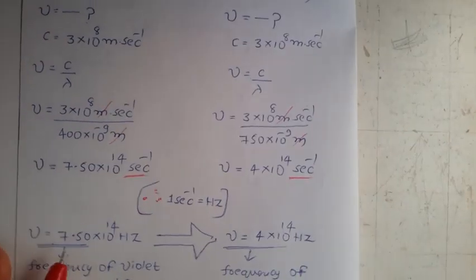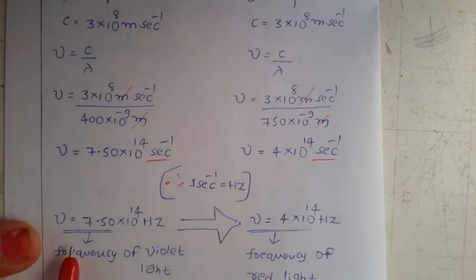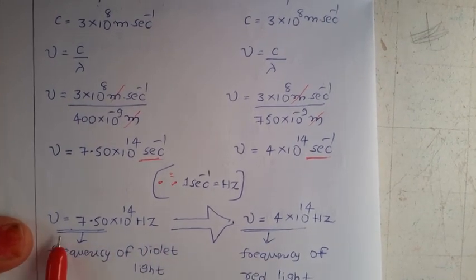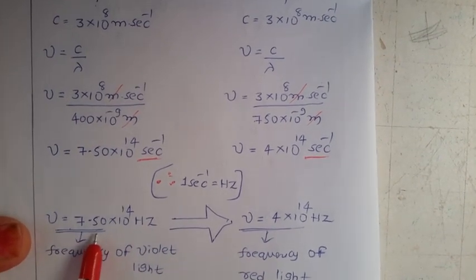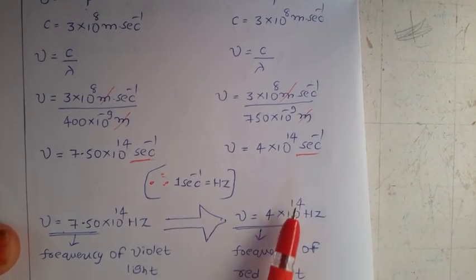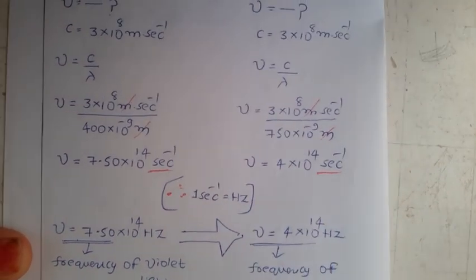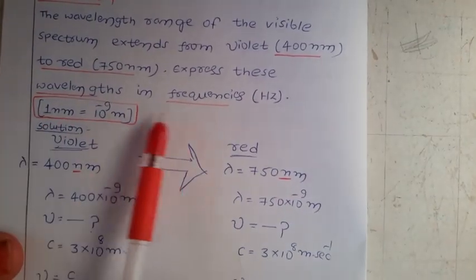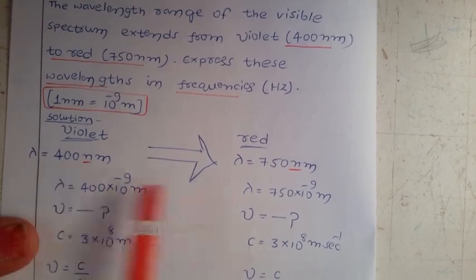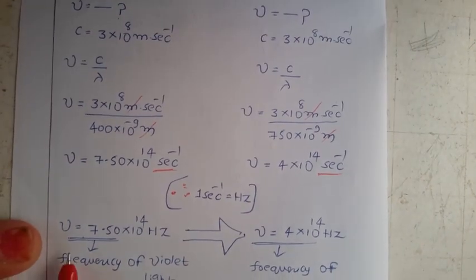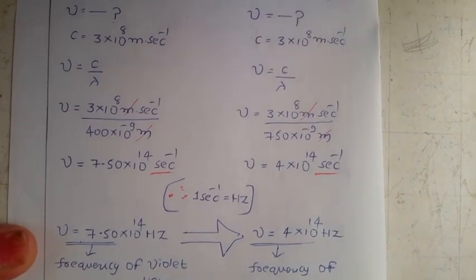So what is the spectrum value here? In terms of frequency, the range is from 7.5 × 10^14 hertz to 4 × 10^14 hertz. They asked to express these wavelengths in frequencies. So we took the given lambda, and instead of lambda they asked for the values in frequencies.